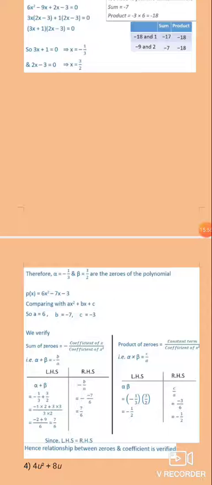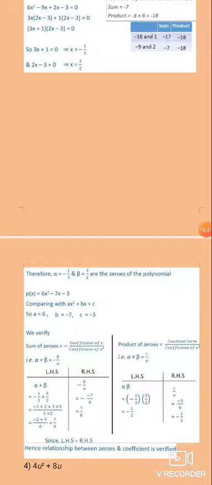Okay, the next one, alpha into beta is equal to what? So sorry, 7 by 6 is there. So we can write here minus 7 by 6. Since it is a positive one, we need to write minus of minus 7 by 6. Clear? Now next one, alpha into beta is equal to c by a.